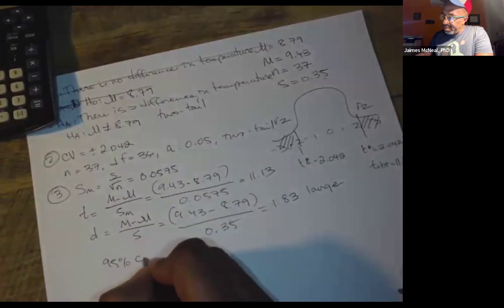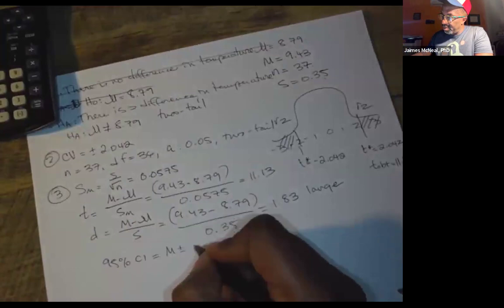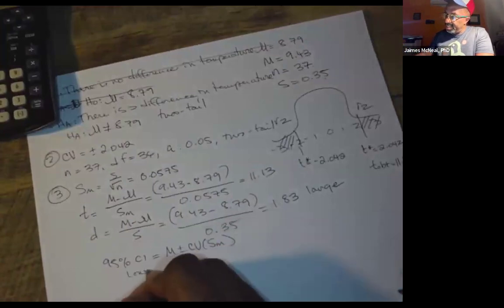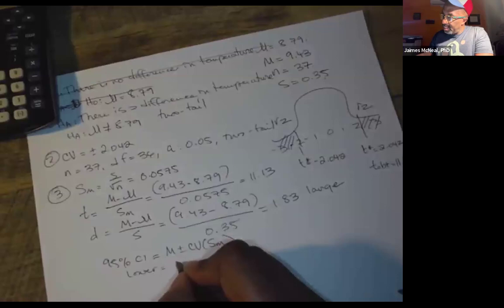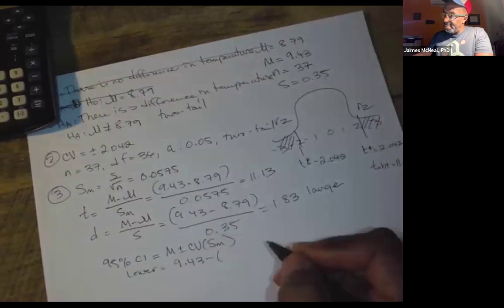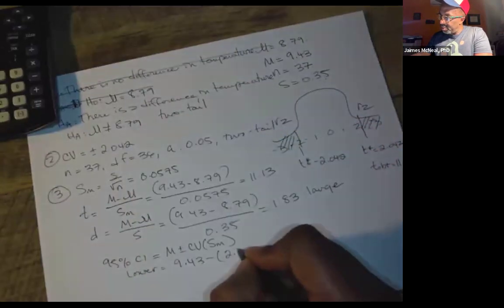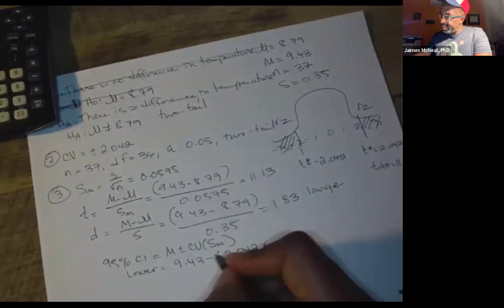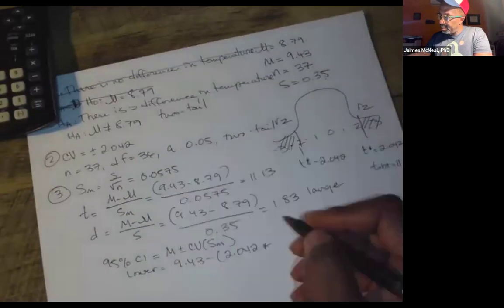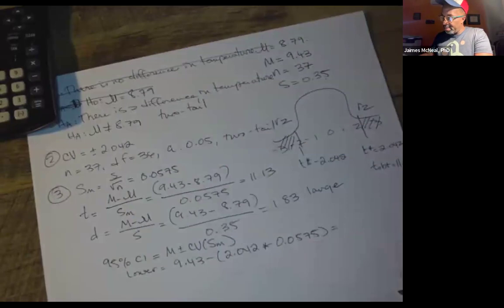The 95% confidence interval equals mean plus and minus the critical value times the standard error. So the lower is 9.43, since it's lower, it's minus the critical value, which is 2.042, times the standard error, which is 0.0575. Whatever that is, that's the lower number.